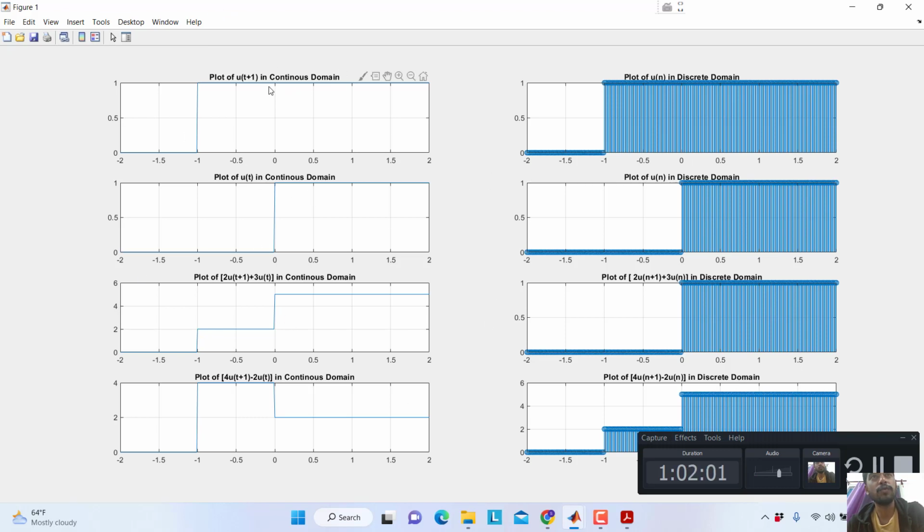Here we consider two rows: the first row and the second row.